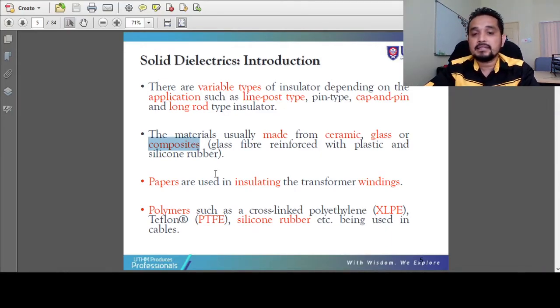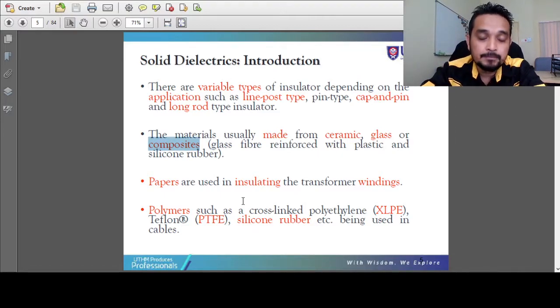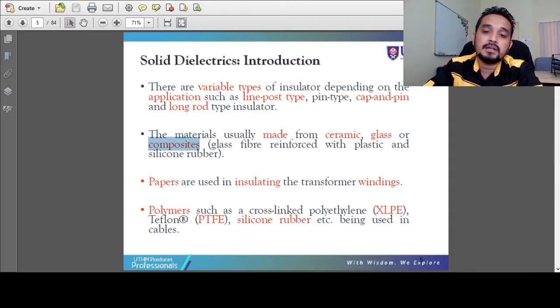I believe we have seen several videos on YouTube of how they install ceramic and glass insulators in this kind of area by using a helicopter. A composite insulator can give about 70 to 80% weight reduction, which means if the glass and ceramic insulator weighs 100 kilograms, the equivalent composite insulator will weigh just 20 to 30 kilograms.